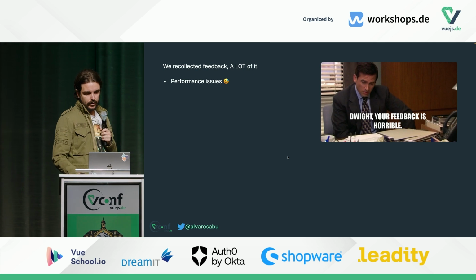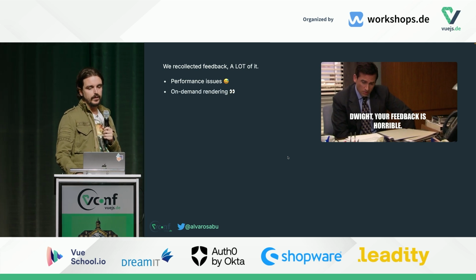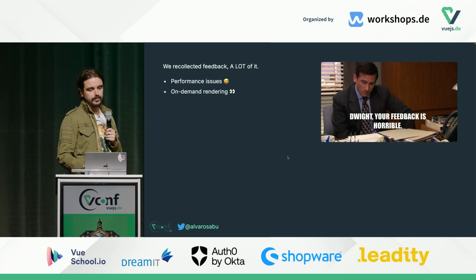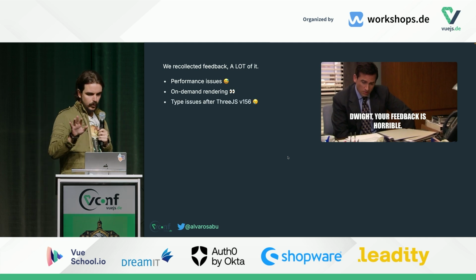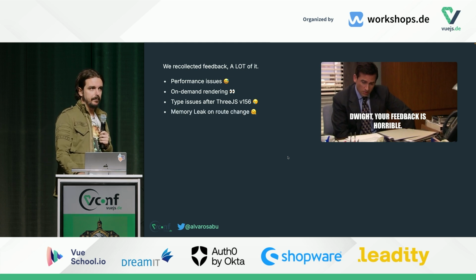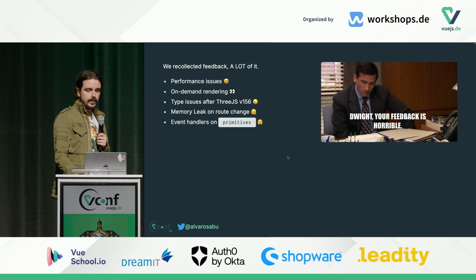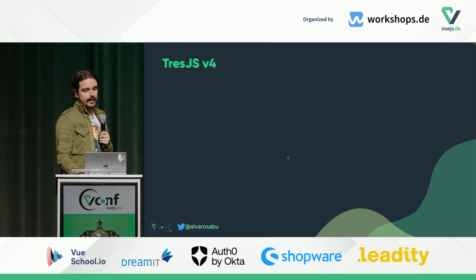And we collected a lot of feedback. There were a lot of performance issues. Also, a feature request was on-demand rendering. We're going to get there. A lot of TypeScript issues because, of course, TypeScript. Memory leaks, because we are talking about really performance-heavy operations. And event handlers on primitives. We're going to get there in a moment.